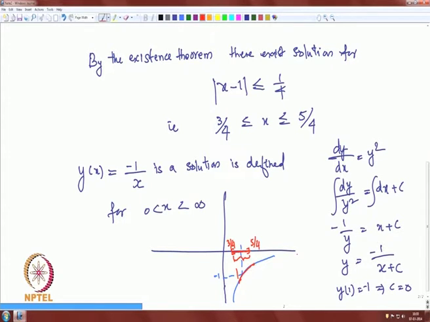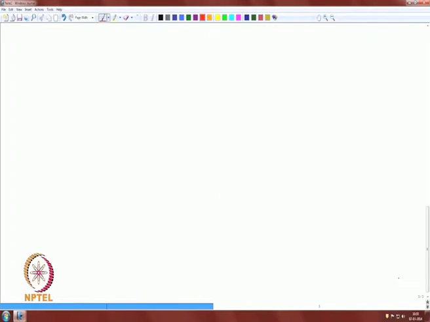This process is known as continuation of the solution. So we deal with continuation of solution.